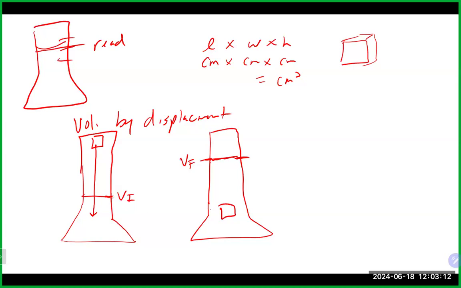And it will displace a volume equal to its own volume. So if you take the difference between the final volume minus the initial volume, that will typically give you the volume of your object. And that again is a way that we can very easily calculate the volume of a solid object. Just drop it in, and that will give you the volume.